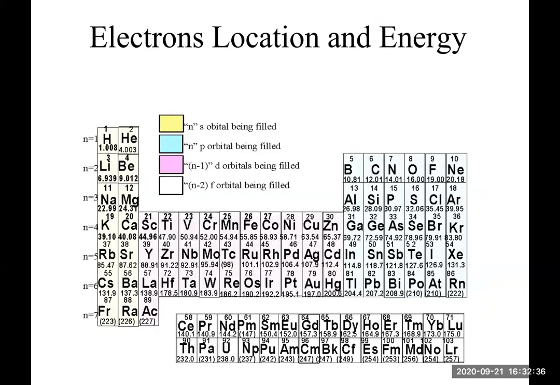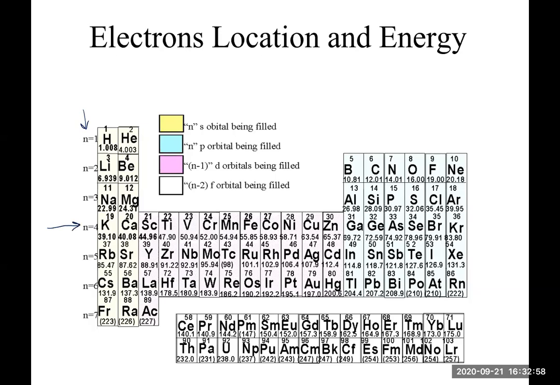So here is a periodic table that shows you we have n equals 1. Again, over here are all of our shell numbers on the very left side of the periodic table, and then the energy locations that are associated with those shell numbers. And remember the little glitch that we have here at n equals 4.